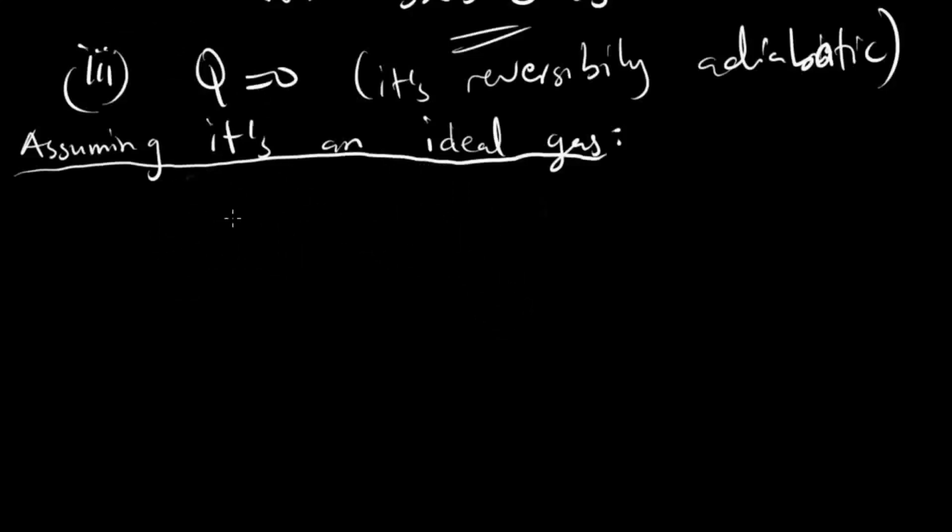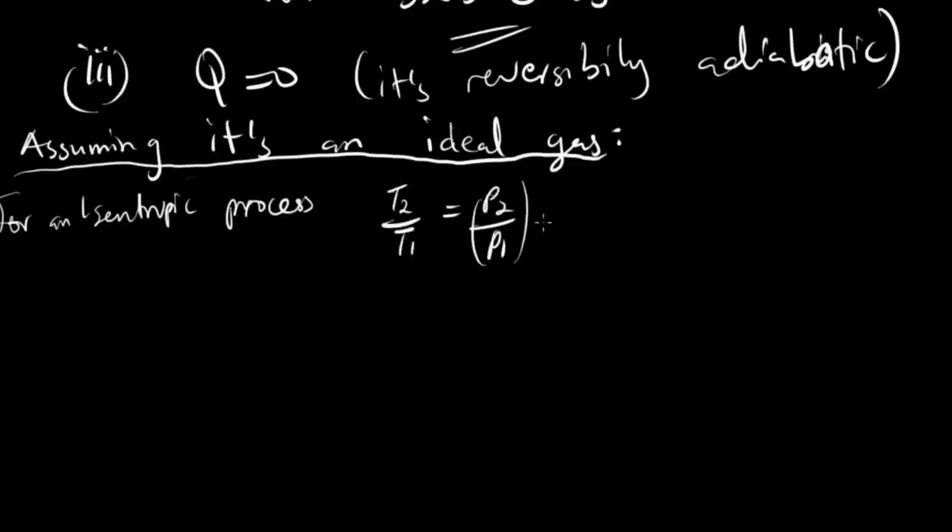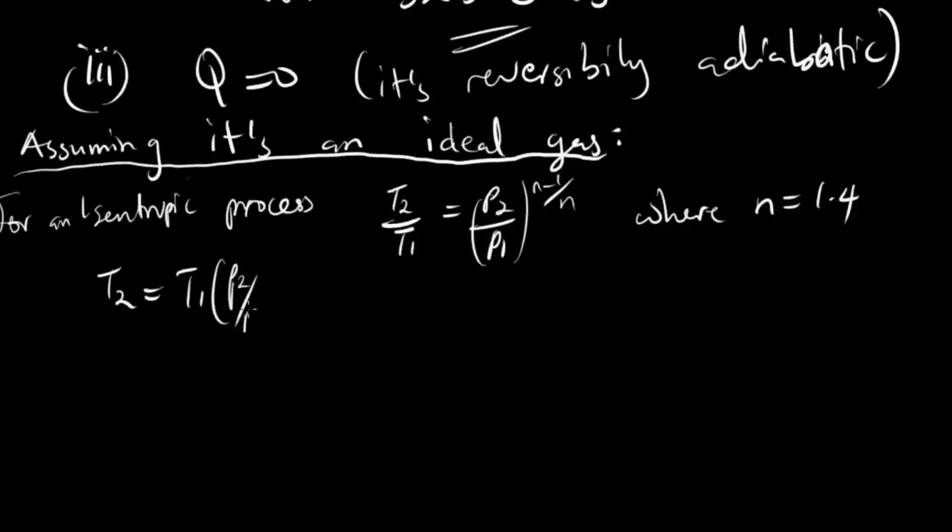Since it's an isentropic process, we have that T2 over T1 is equal to P2 over P1 all raised to the power n minus 1 over n, where n is 1.4. So T2 will be T1 times P2 over P1 raised to the power n minus 1 over n.